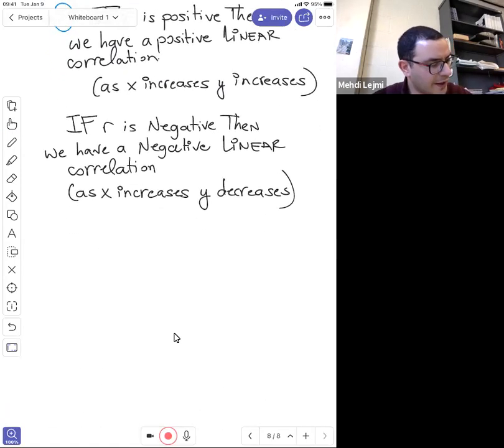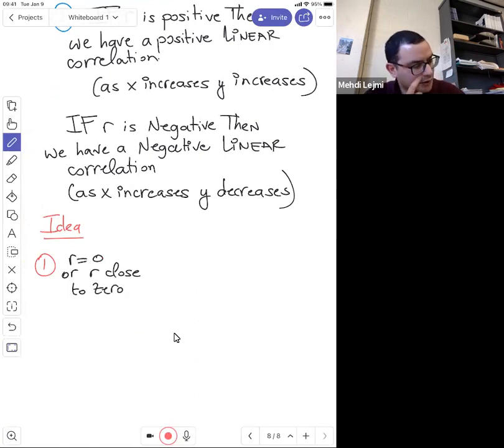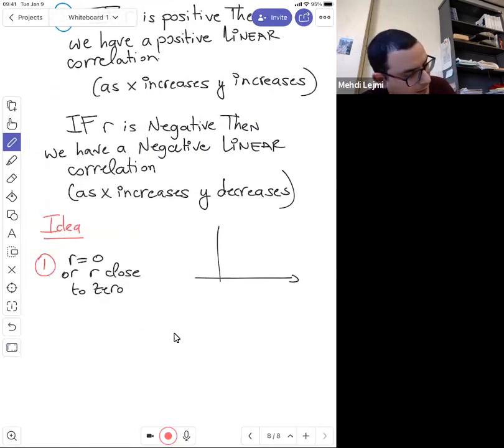Again, the idea is the following. What you need to keep in mind, guys, is that you're going to have 3 or 4 cases. If R is equal to 0 or close to 0, then you don't have a linear correlation, and your scatter diagram would look something like this.